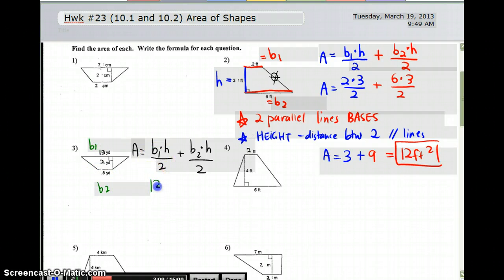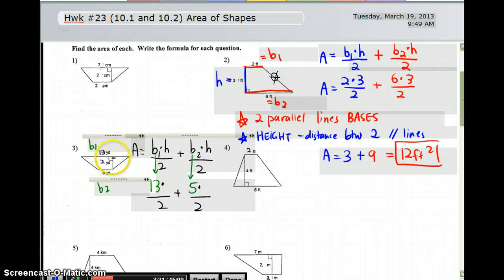So that'll be 13 for that number and 5 for that number. Then I'm going to plug in the height and everything. I'm going to divide by 2 with an addition sign in the middle. So my height here is going to be the distance between the 2 parallel lines, so the distance would be represented by the 2. So the 2 is the height, so 2 here and 2 here.